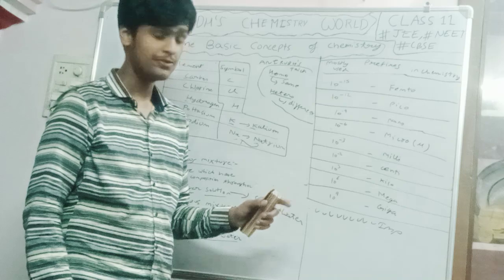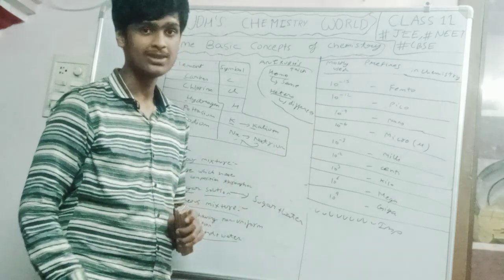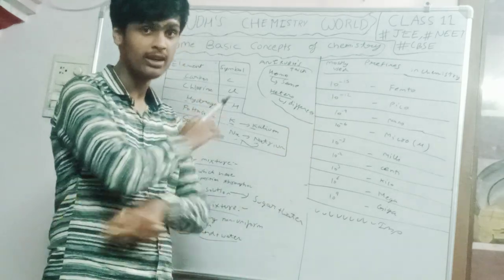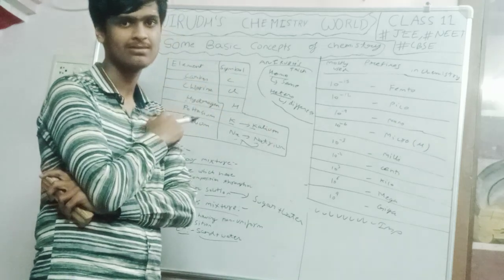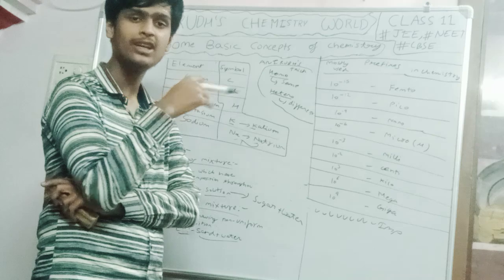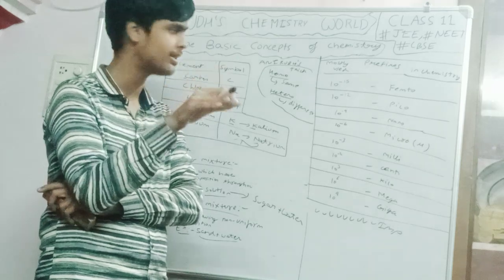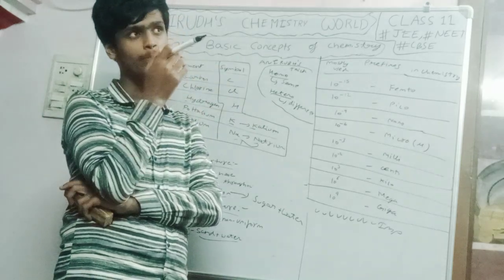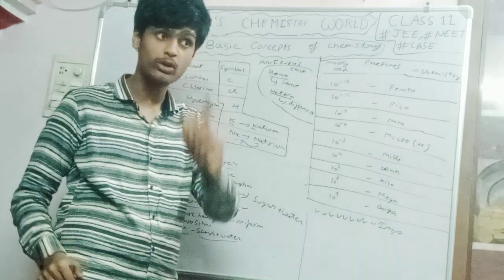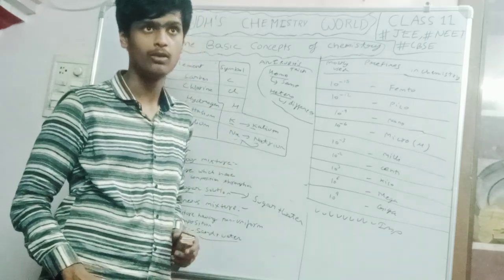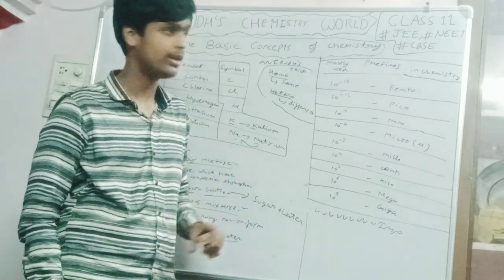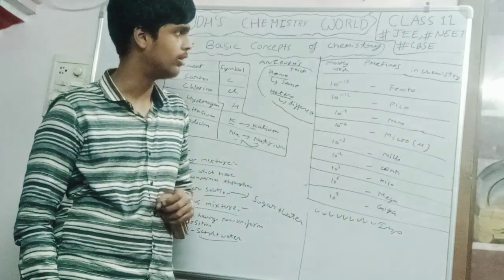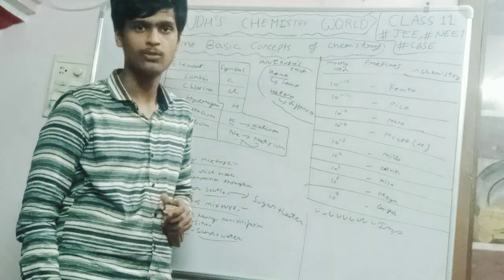Now, very important, because in the question you will not be given this, and you will be stuck there. I saw most of my friends make this mistake. They didn't know these prefixes and faced the problem.